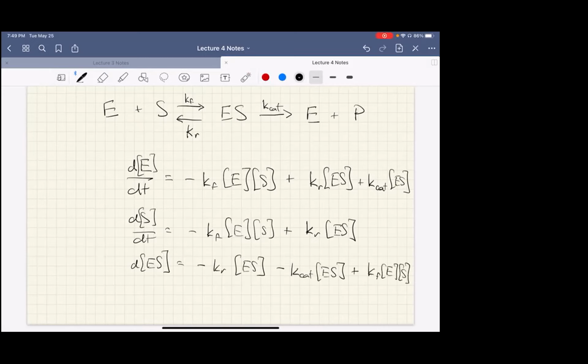And finally, the product is what we're really interested in, and I only get that through this reaction, which is forward only. Sorry, this should be d[ES] by dt, d[P] by dt is Kcat times ES. That's the only way I can get that, through this reaction.